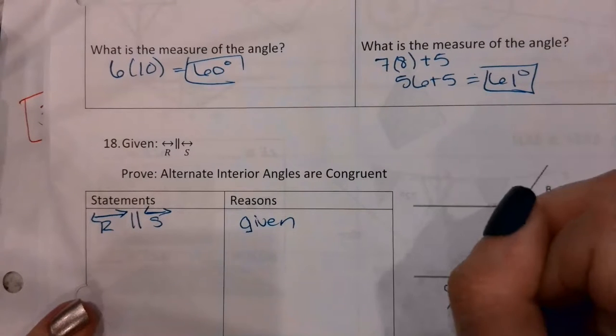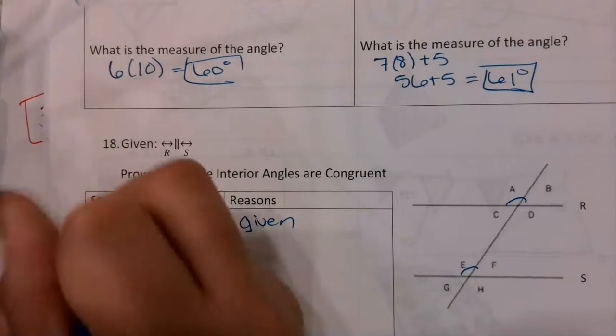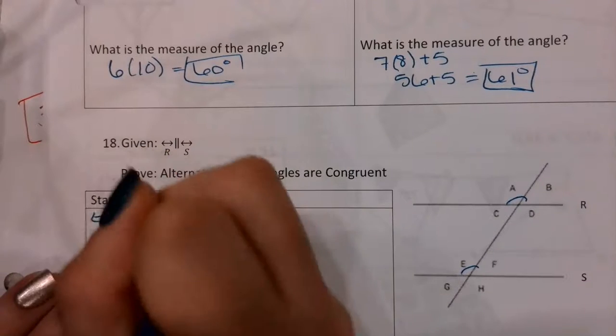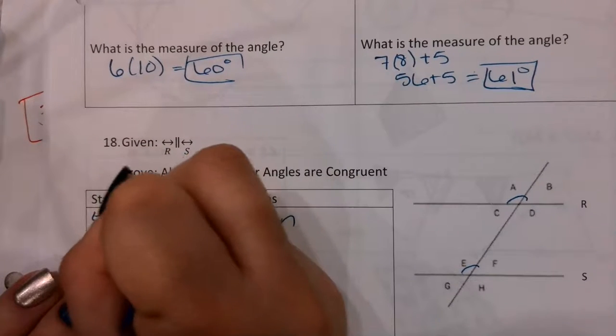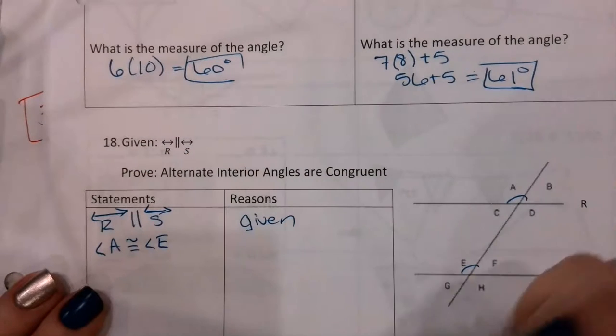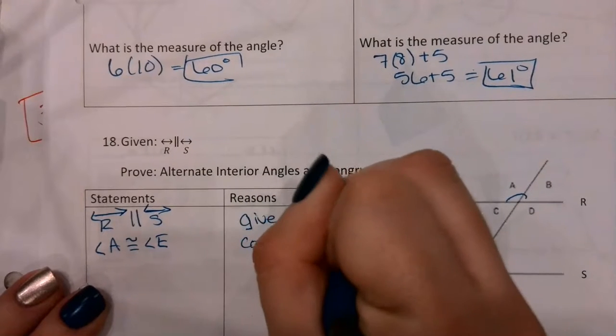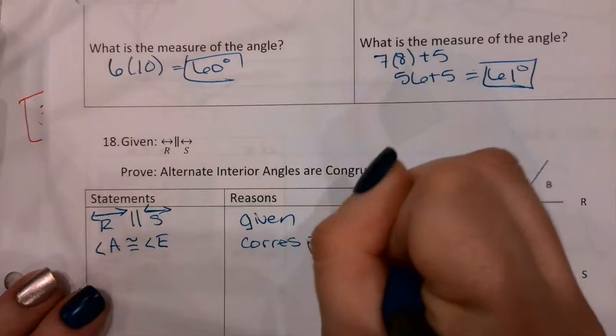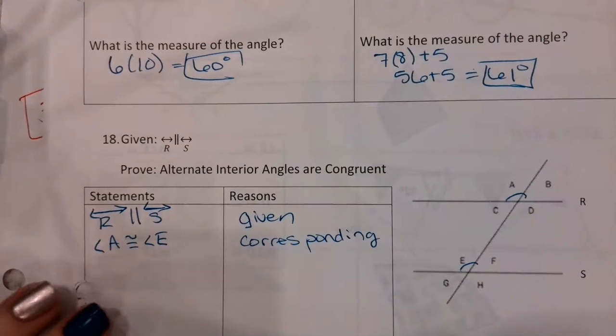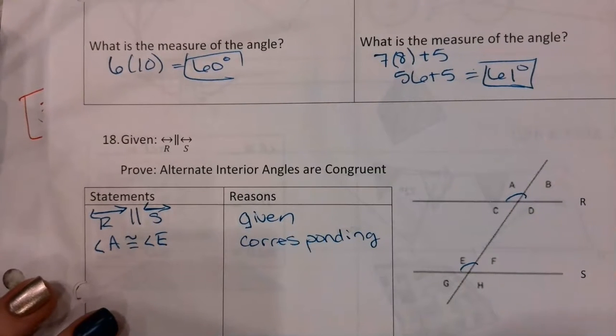I'm just going to pick A and E. So angle A is congruent to angle E by corresponding angles. When I'm doing this proof, I can assume anything except alternate interior, because that's what I'm trying to prove.